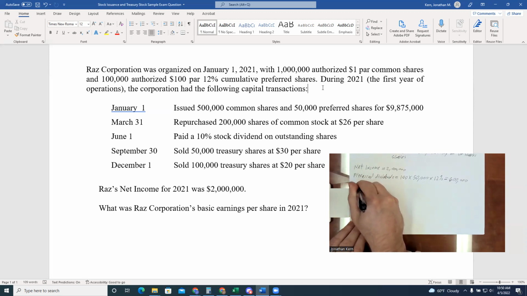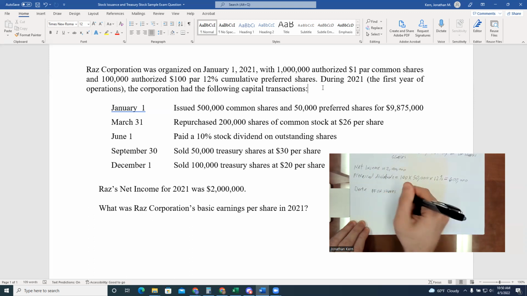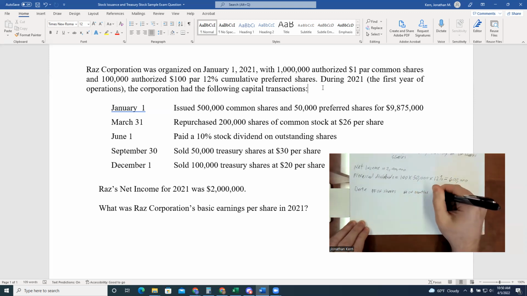In our table, we're going to have date, number of shares, number of months, and the weighted average.